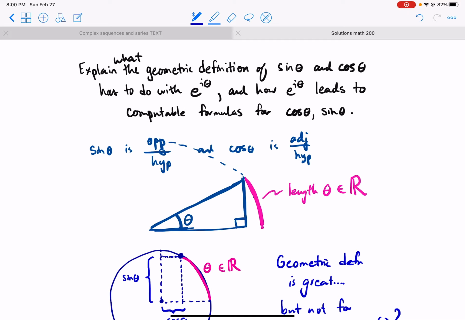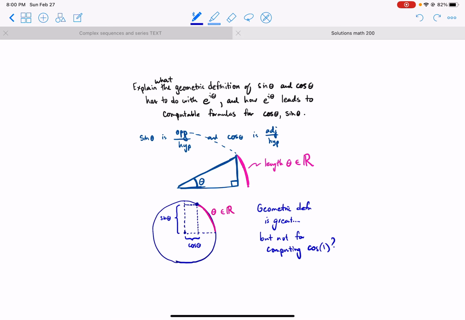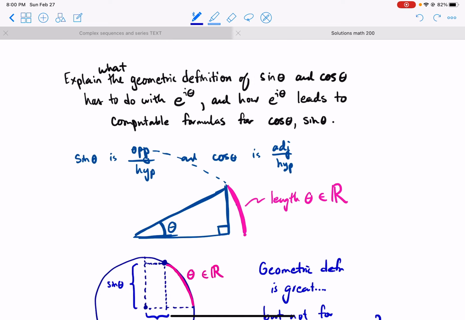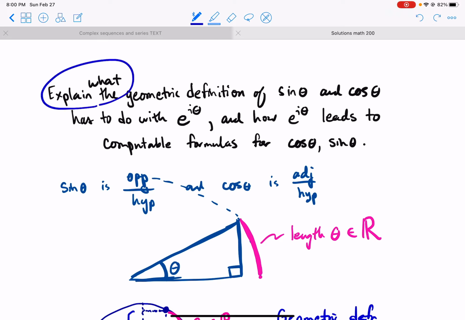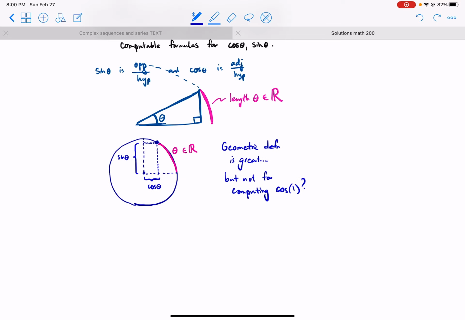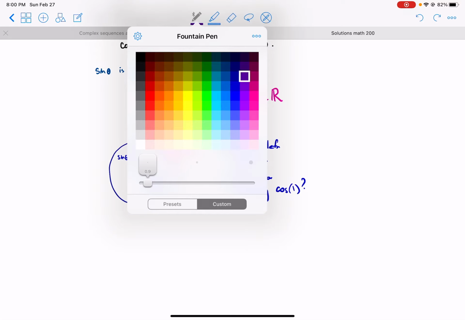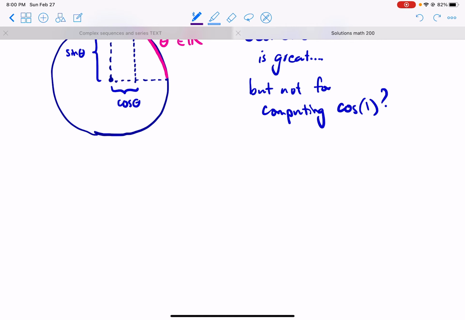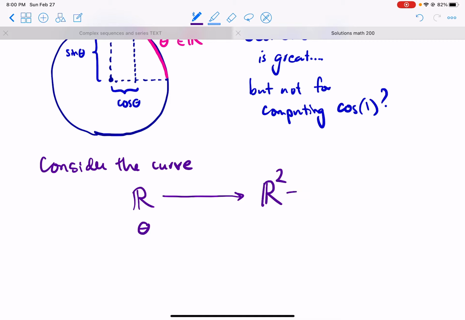So let's compute. Okay. Now, this just says explain what it has to do with e to the i theta, and so I'm not going to prove it yet. We'll do that next video. But first, let's just consider the curve. So here's the deal. We're going to take a real number, we're going to call it theta, and we're going to map it into the plane. Well, what is the plane? It's just the complex numbers.